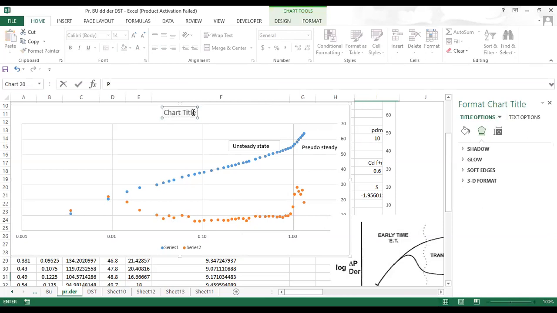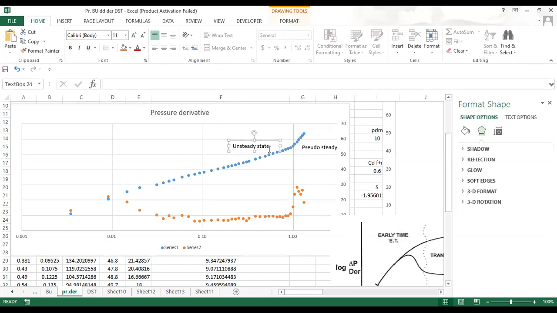So this is pressure derivative with flow regimes. Based on that, we can identify where exactly the path started to deviate, that represents pseudo steady, and until that, it is unsteady state flow.